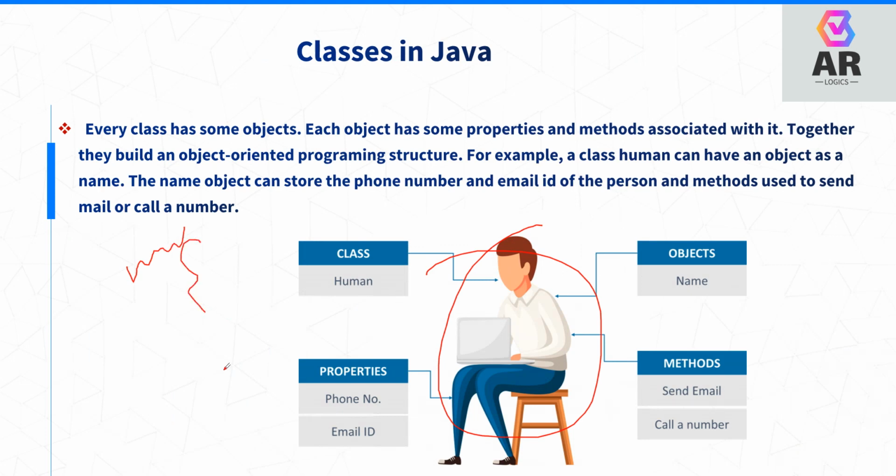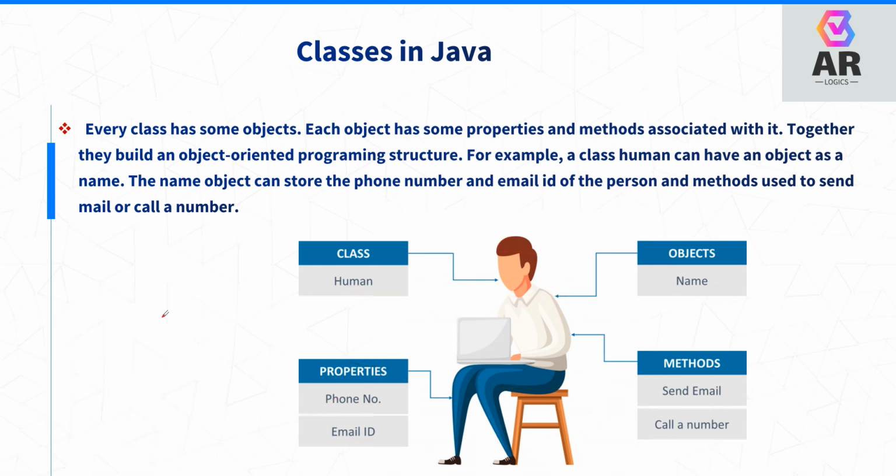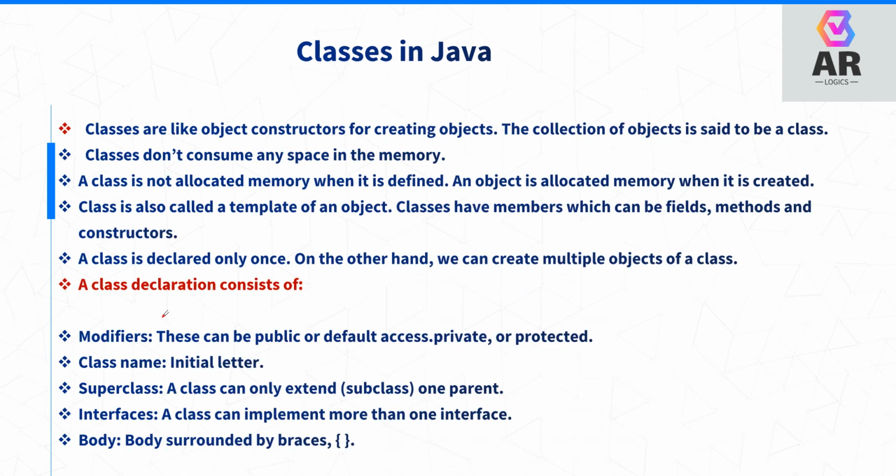In the human class we have data fields and methods. Data fields are the name, phone number, and mail id. Using the methods we can pass the data. Let's go to a real example so it becomes clear.